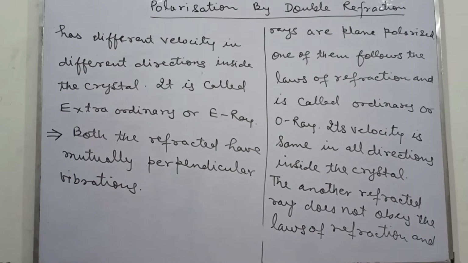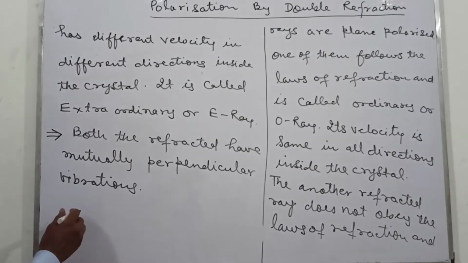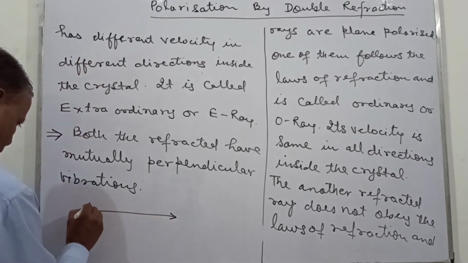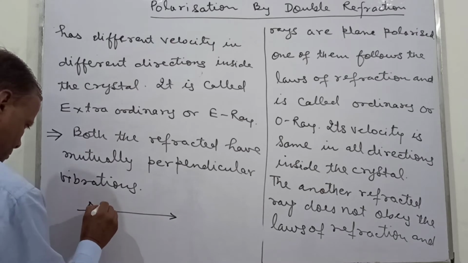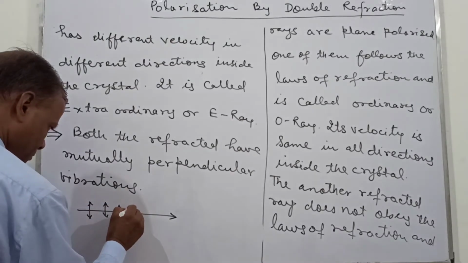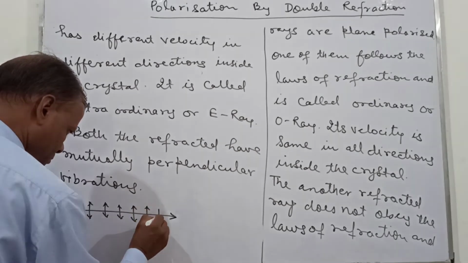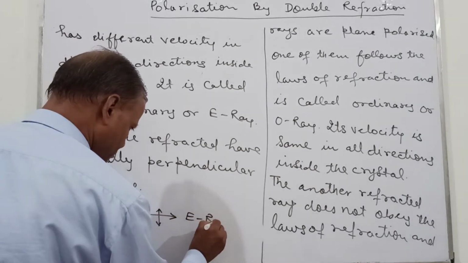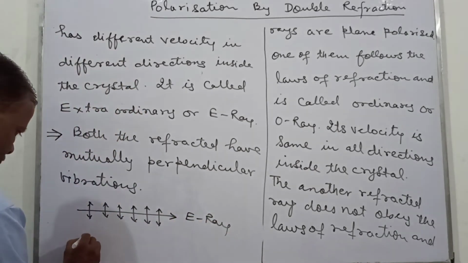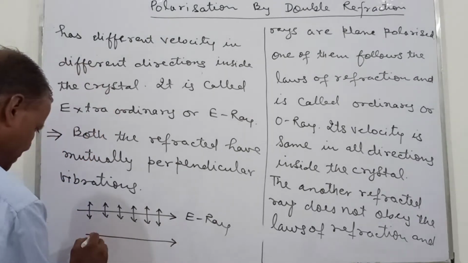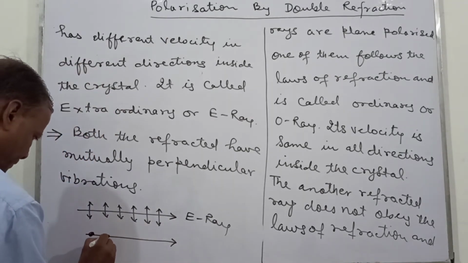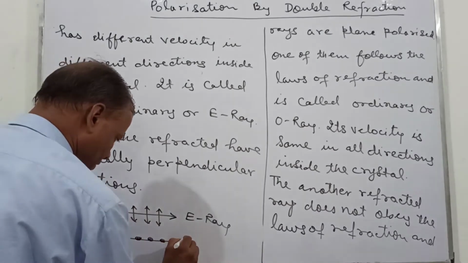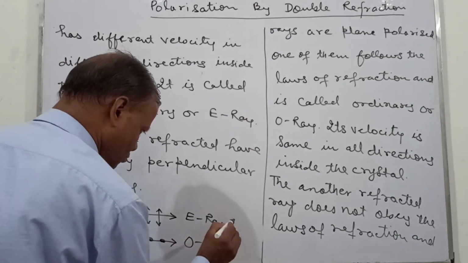This one is called the E ray, which has only the arrow vibrations. Another ray is like this, which has only the dot vibrations. That is called the O ray.